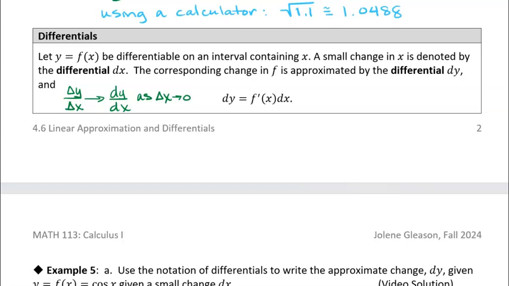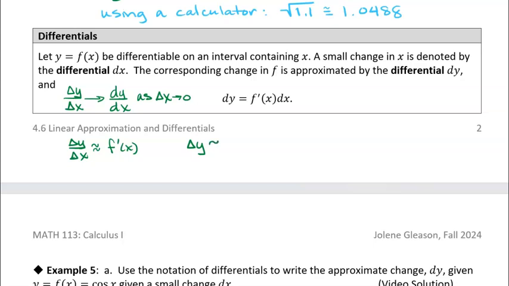Now, we know that, here, I'll write it down, delta y over delta x is approximately equal to f prime of x, right? F prime of x, that's dy dx. And so we can rewrite this because delta y over delta x is just a fraction.